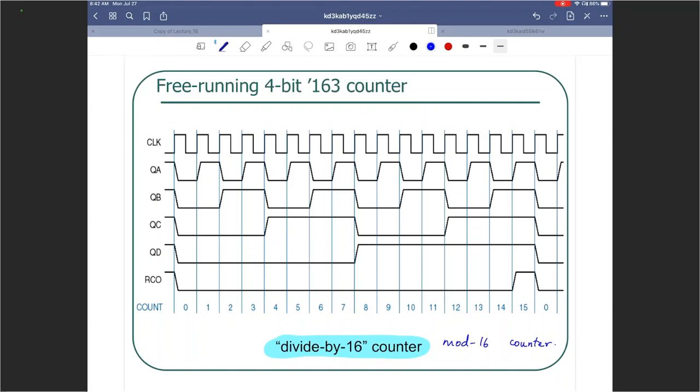You have the clock input at the very top. It's a positive edge trigger design. So every time there is a positive edge on the clock input, QA, the least significant output, toggles.